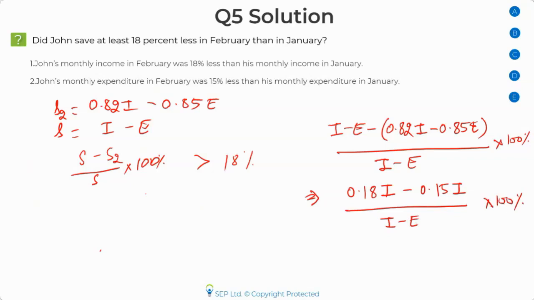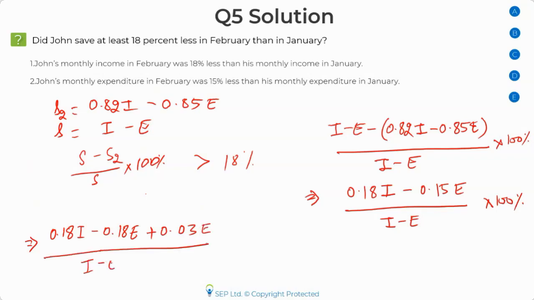All right, till this point, I think this should be okay for all of you. I'll just open the bracket and calculate the values. Now I have to see whether it is more than 18% or not. So I'm doing some manipulation over here. I'm writing this as 0.18 times (I minus E) plus 0.03E. Sorry, this is not I, this is E. Why am I doing that?